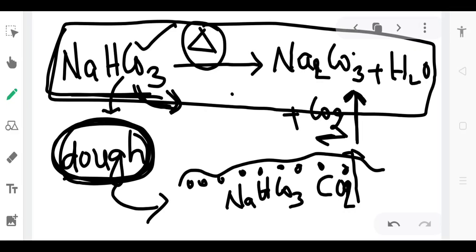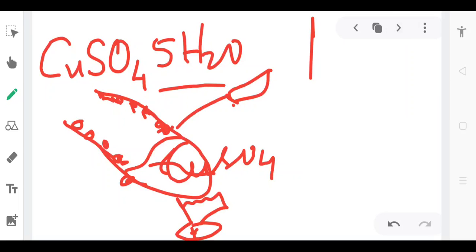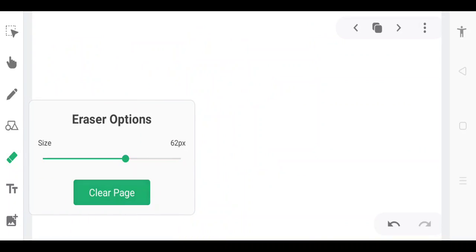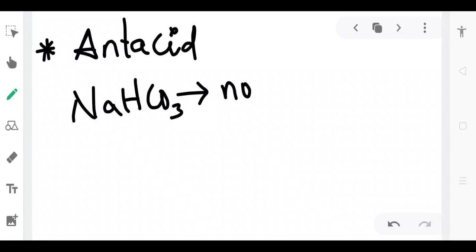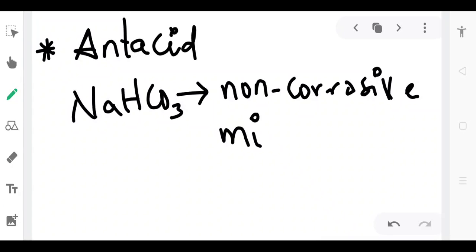One more use is that sodium hydrogen carbonate can be used as an antacid. It is used as an antacid because it is a mild, non-corrosive base. Non-corrosive means it cannot damage anything.